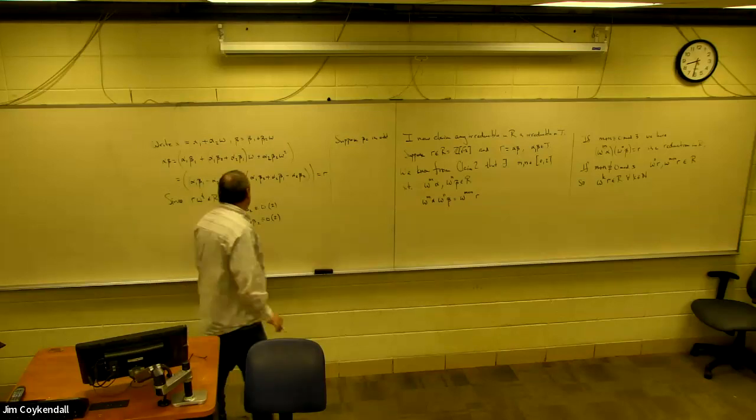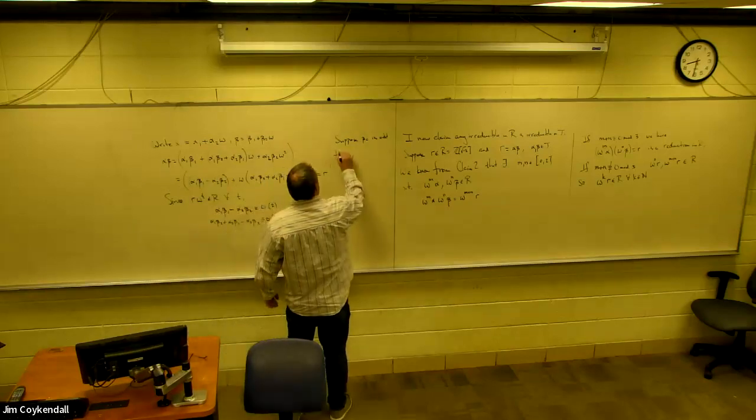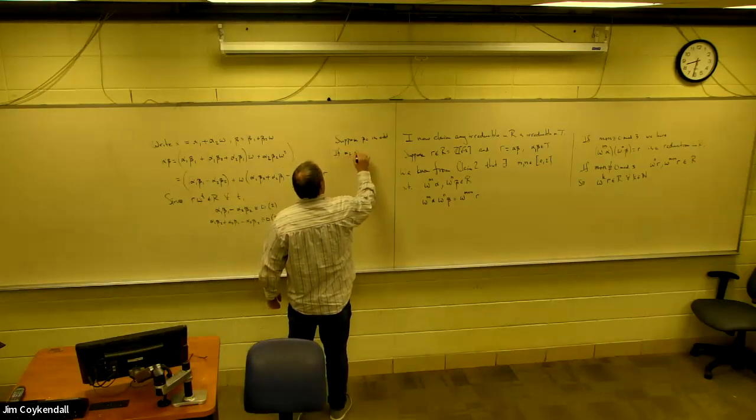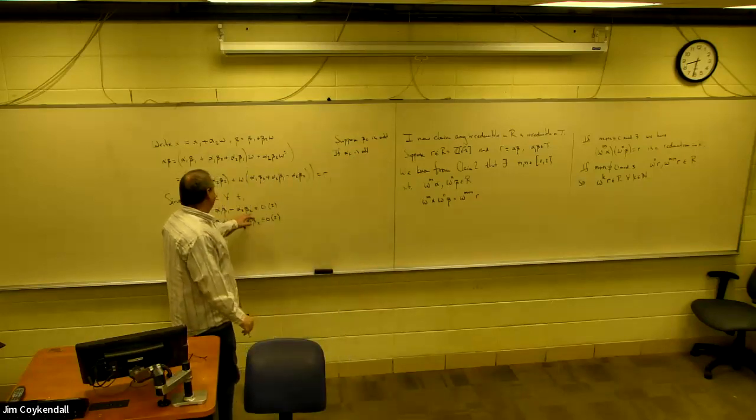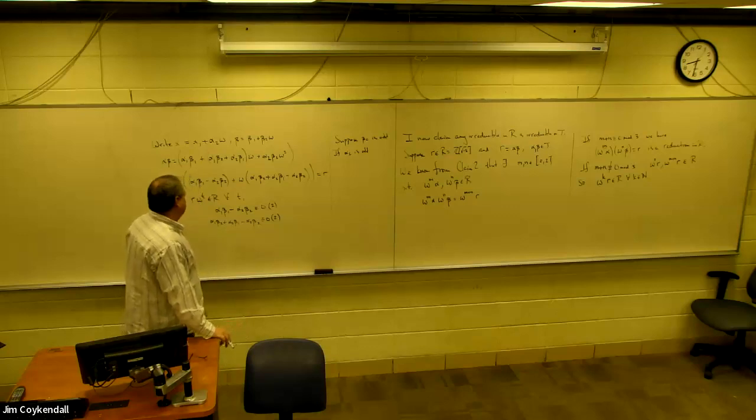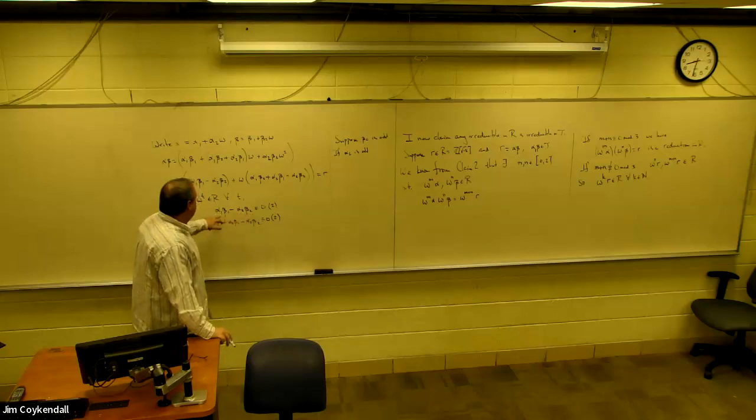Let's see what happens here. If alpha two is odd, then what does that mean? Well, if alpha two is also odd, then that means that both alpha one and beta one are odd.